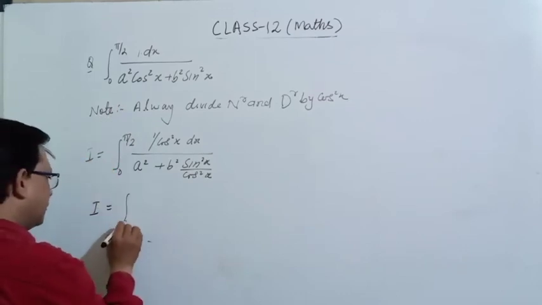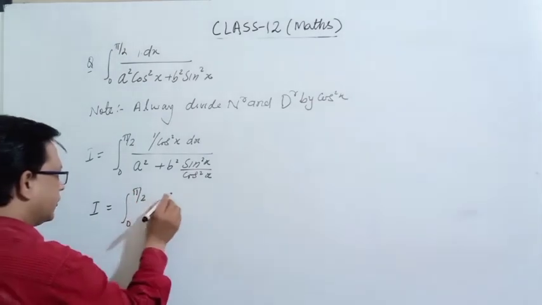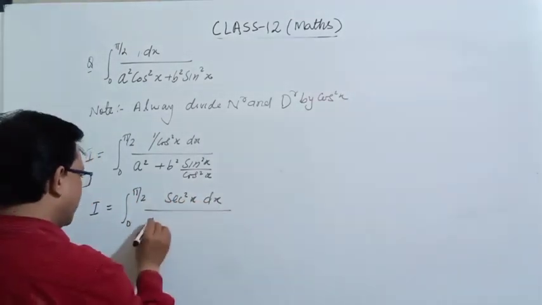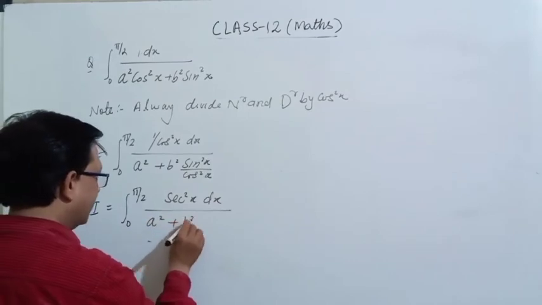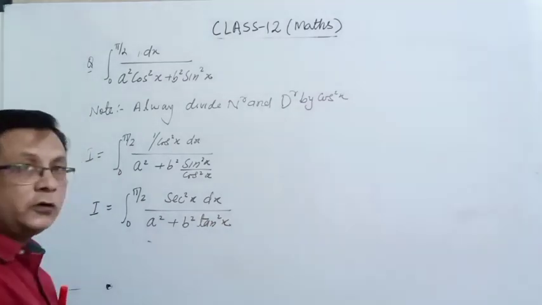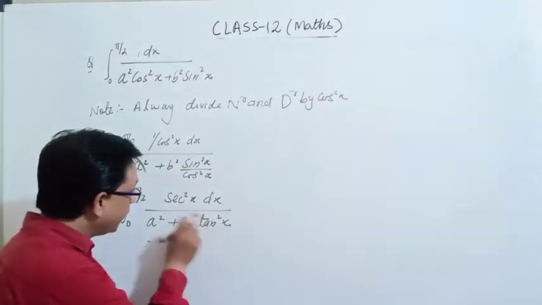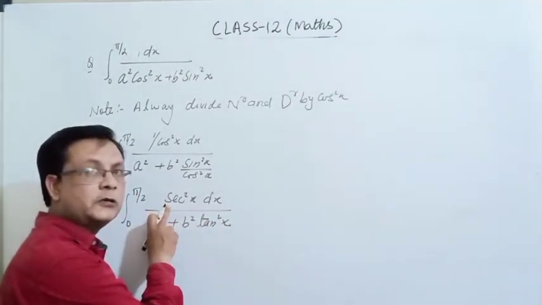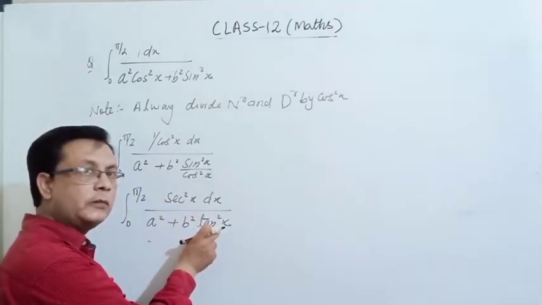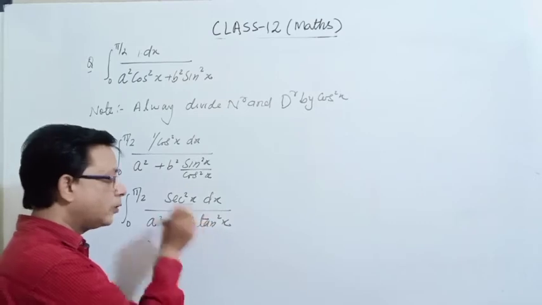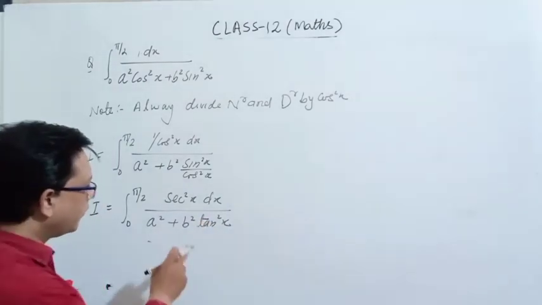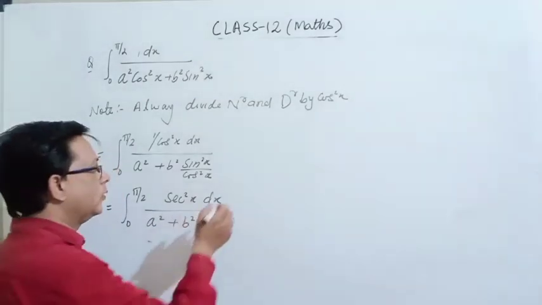Now this becomes the integral from 0 to pi by 2 of sec square x dx upon a square plus b square tan square x. Now student, we see that the derivative of tan x, sec square x, is present. So it's very easy. We substitute b tan x is equal to t.